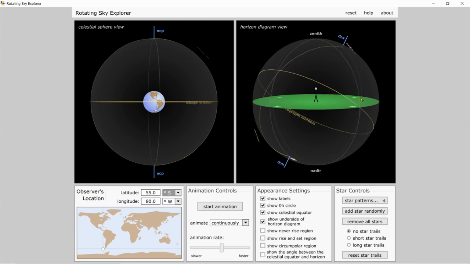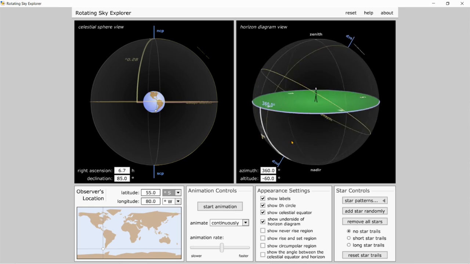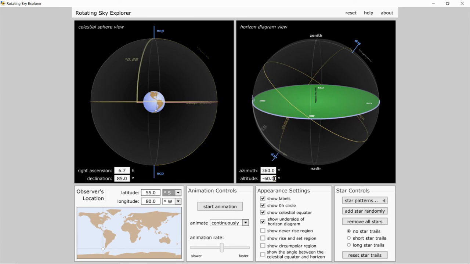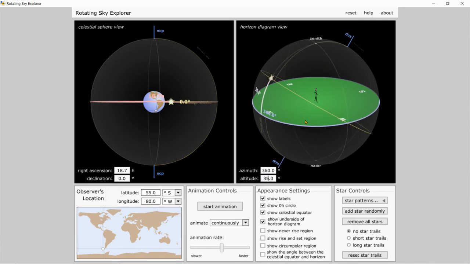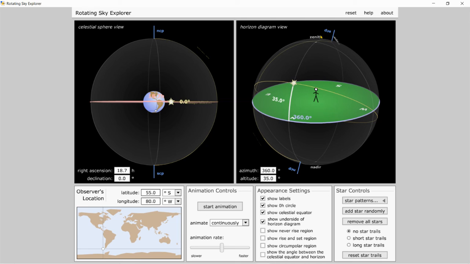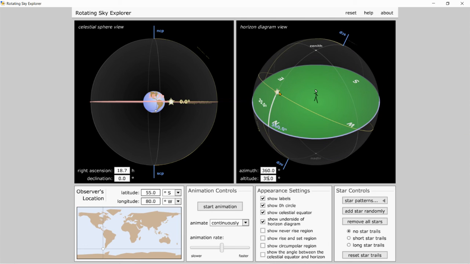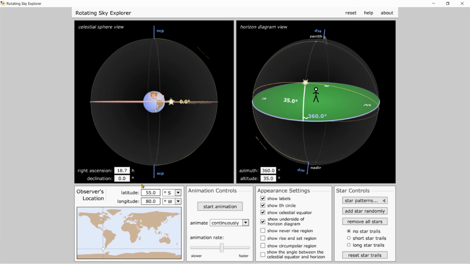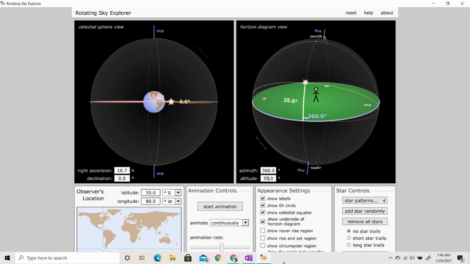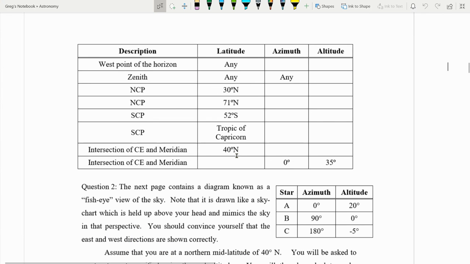Boom. To match up. 35 degrees right there. Okay, here's the meridian and the celestial equator. All right, just saving time. So the answer to this one is 55 degrees.